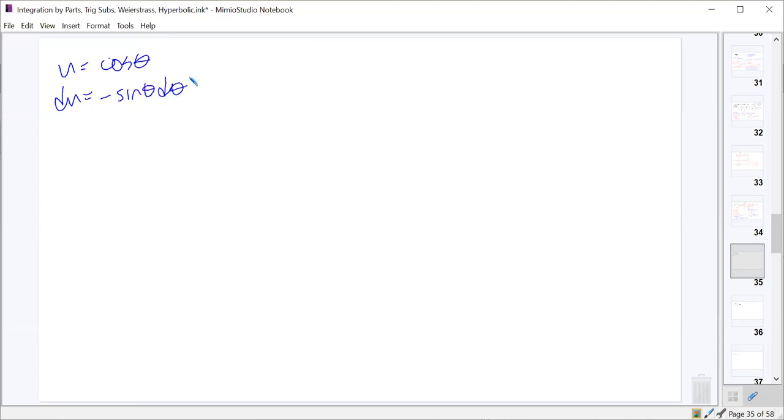Yeah? Everybody agrees with that? Yes, no, maybe? In the numerator, I've got a sine theta, right? Which is going to need a negative attached to it. So I'll put a negative inside and a negative outside.